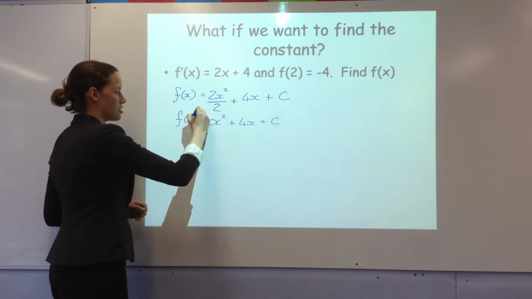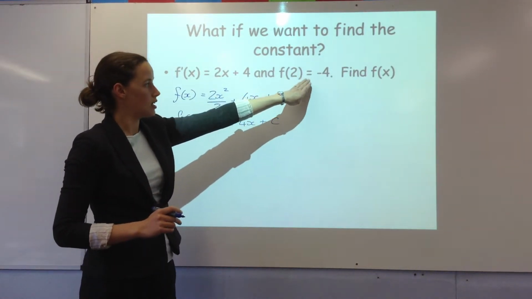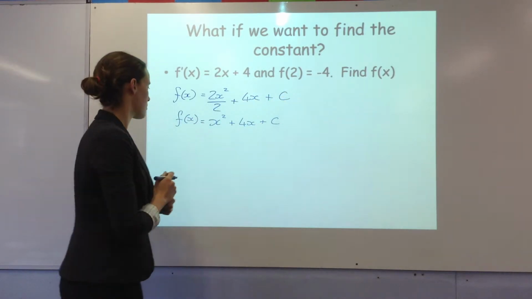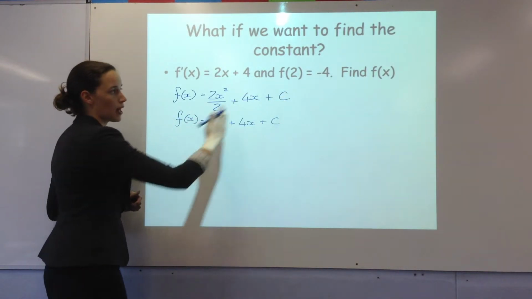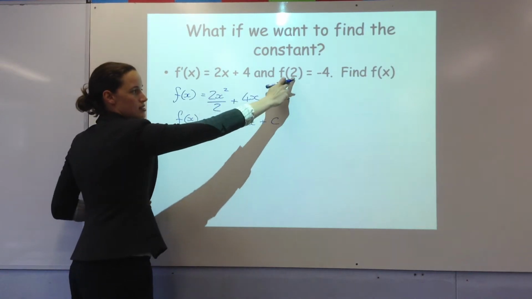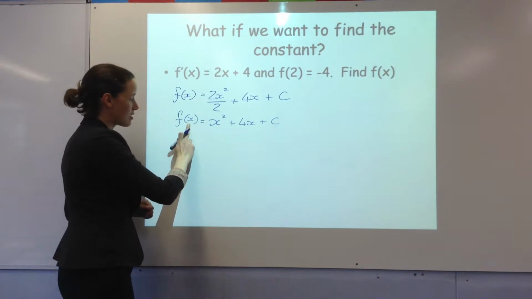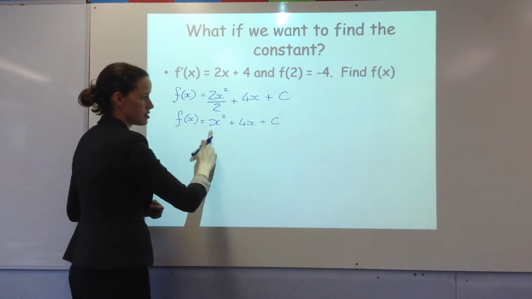Now, let's use the extra bit of information that f of 2 is equal to negative 4. Now, if you compare f of 2 with f of x, you can see that that's when x is equal to 2. So we're going to substitute in that x is equal to 2 into here.